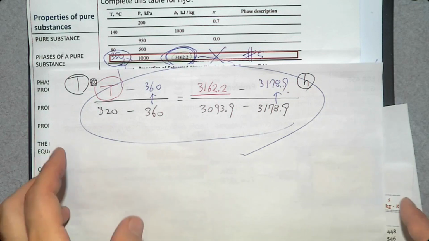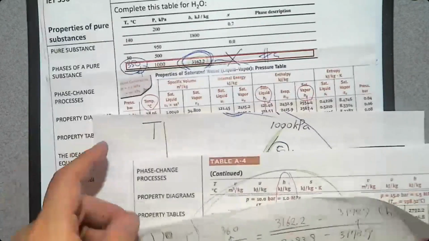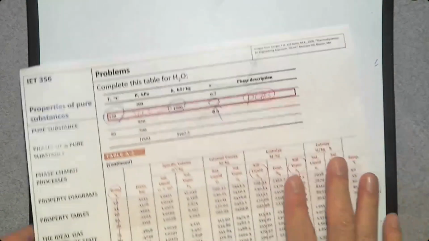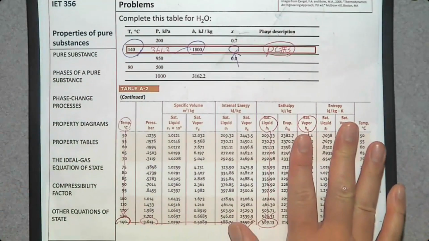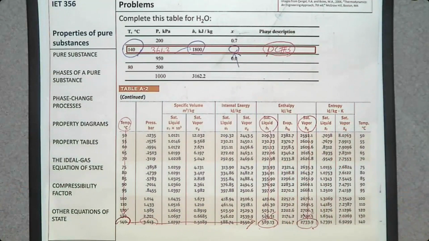But if you look at the previous problem, what is the saturation pressure? You get this saturation pressure directly from this table, right? So 361.3 kilopascal is the saturation pressure at 140. The value is right here.